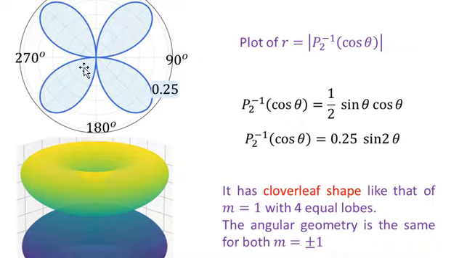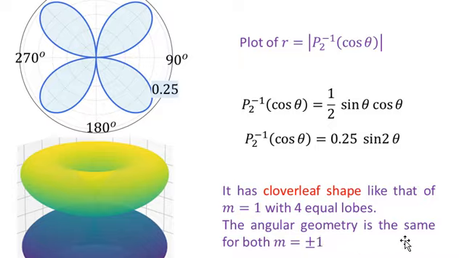Again, this will appear like that of the clover leaf. If you look at the shape, it will appear as the clover leaf shape function. So with m is equal to 1, you have 4 equal lobes or 2 pair of lobes. And again, the description that I have discussed in the previous slide will also be applicable to this figure.